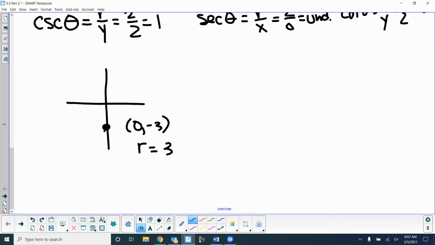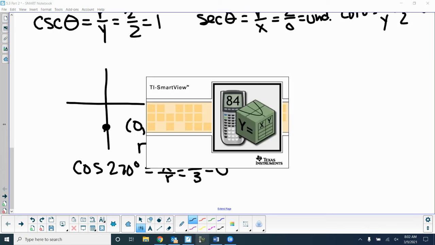So we were doing cosine, which is x over r. Cosine comes before sine, x comes before y. My x is 0, my r is 3, so that answer is 0. Now, you probably could have just done cosine of 270 if you're in degree mode.